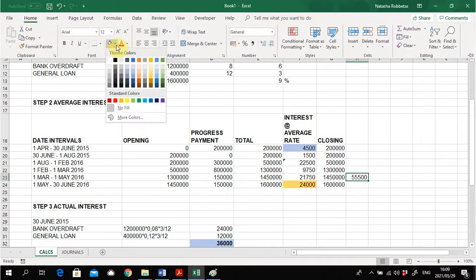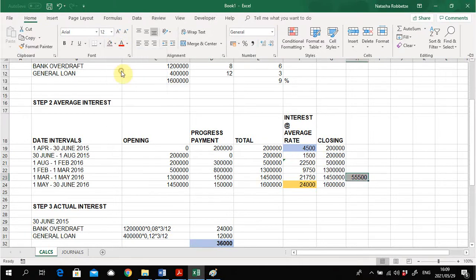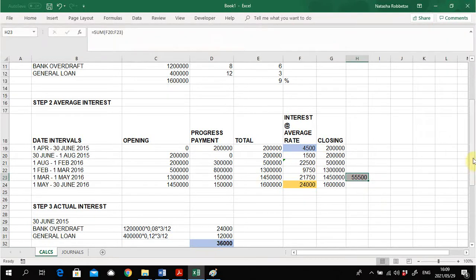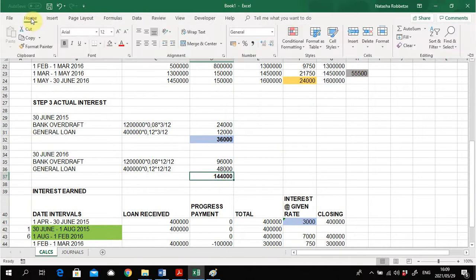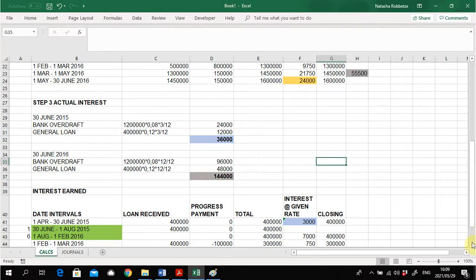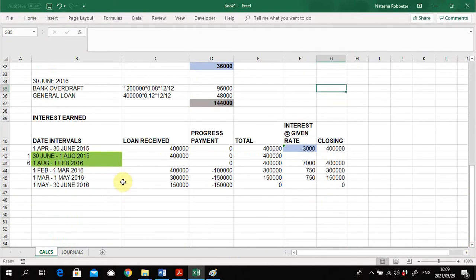Let's make that in another color. Can we put it maybe in gray? I need to account for that amount. Then I need to account for my interest that I've calculated, which is my actual interest. And then I also need to account for the interest that I've earned, up till 1 May.